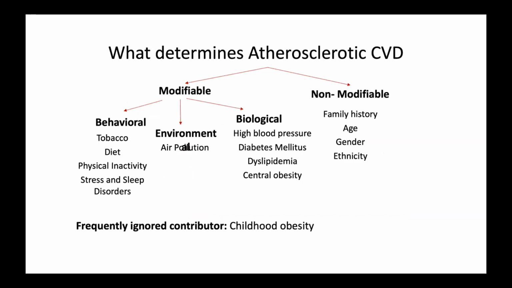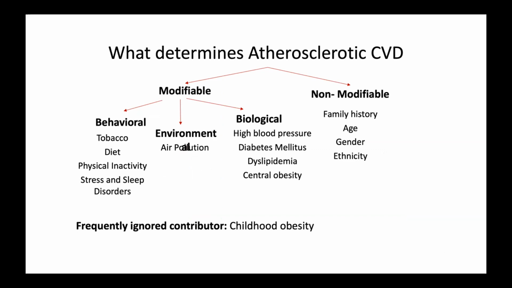These conditions, stroke and ischemic heart disease, are caused by atherosclerosis. We all know that. If we see the determinants or causes of atherosclerotic cardiovascular diseases, we can group them into modifiable and non-modifiable.